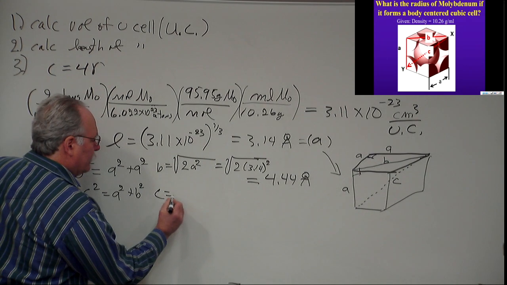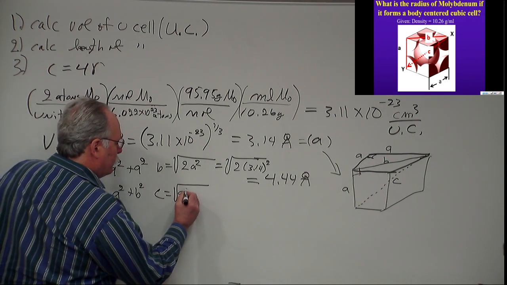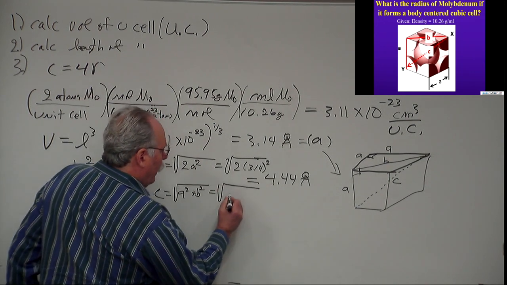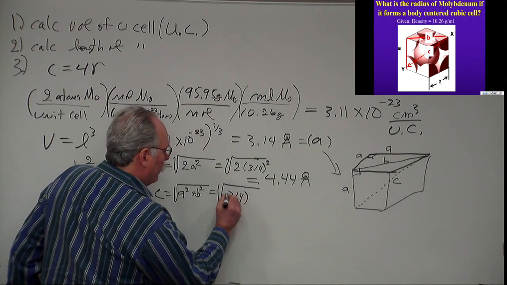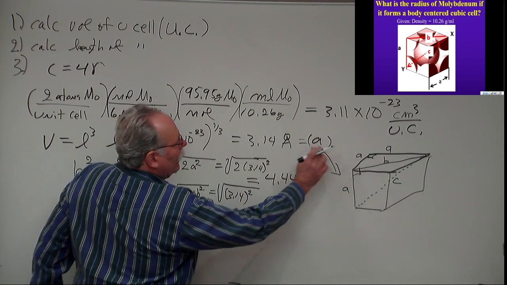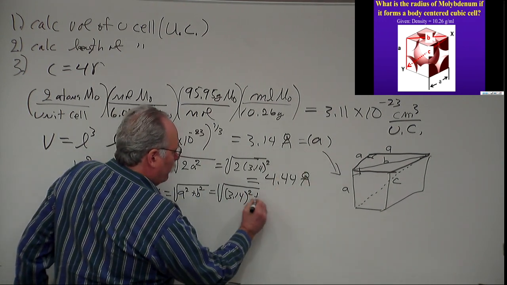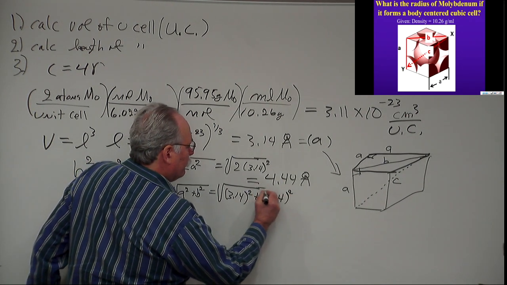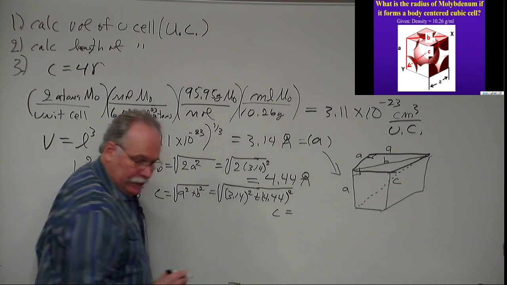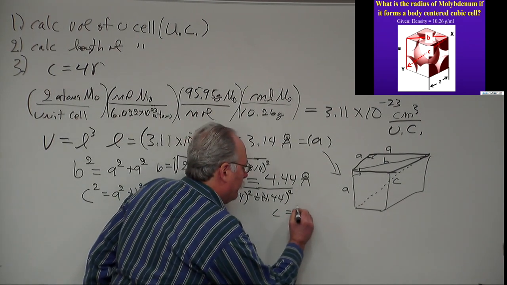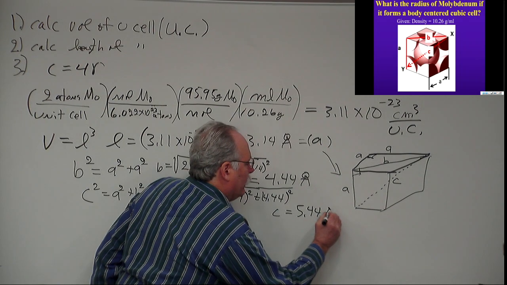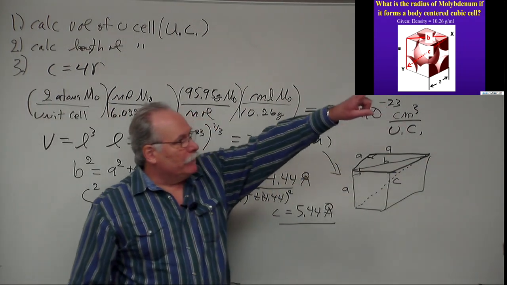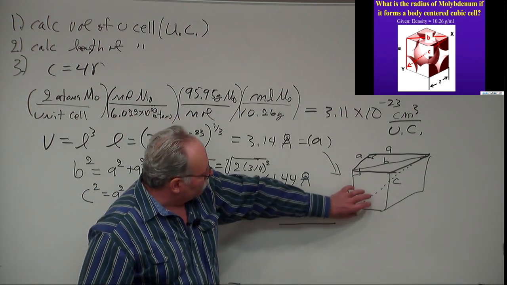So C is equal to the square root of A squared plus B squared, which is equal to the square root of 3.14 squared, that's our A, plus 4.44 squared. And we get C is equal to 5.44 angstroms.